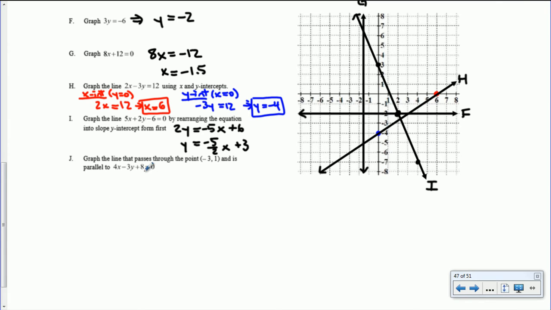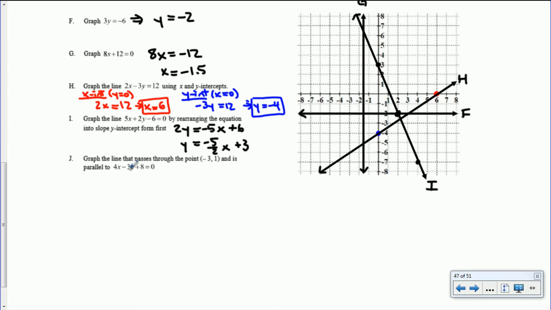So let's start by figuring out what the slope of this line is. So the line that we're wanting to graph needs to be parallel to this. I don't know what the slope of this line is just to look at it. So if I switch this into slope y-intercept form, then I can get the slope at a glance, and then I can use that point. So let's start by switching this into slope y-intercept form.